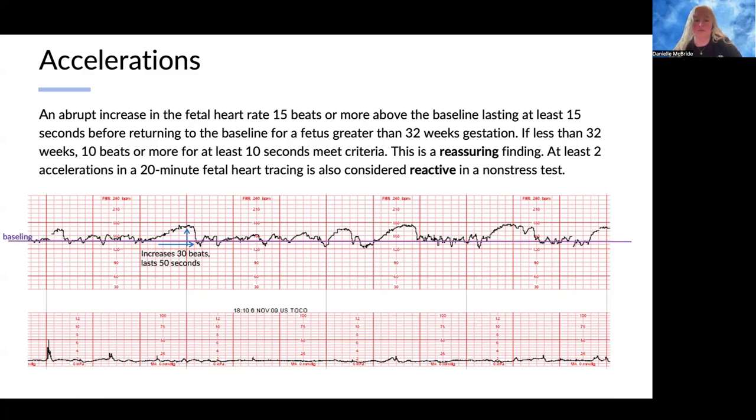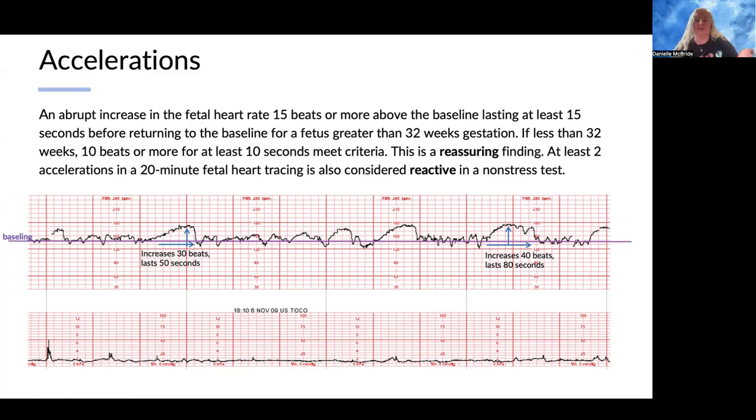This one increases by 30 beats and lasts for 50 seconds. This one increases by 40 beats and lasts for 80 seconds. This is also an acceleration. So is this one. So any of these greater than 15 by 15, if the baby is greater than 32 weeks gestation, counts as an acceleration.